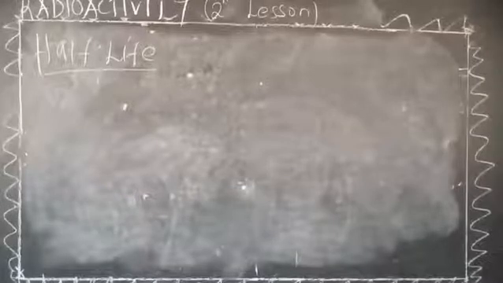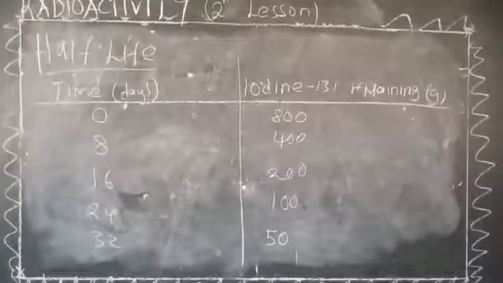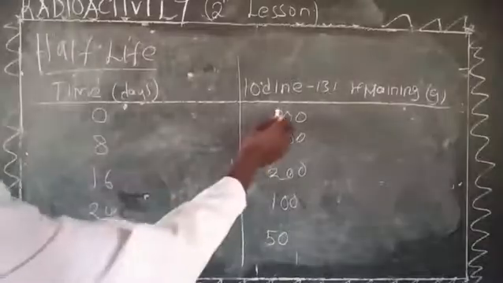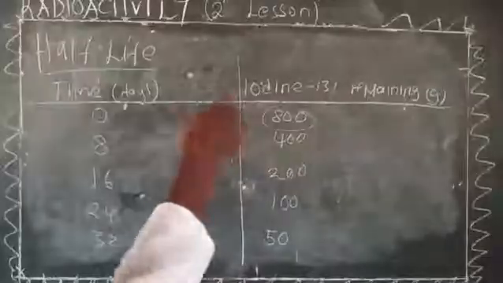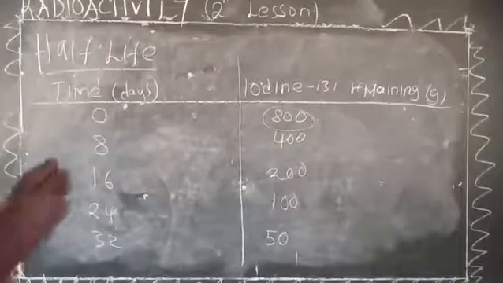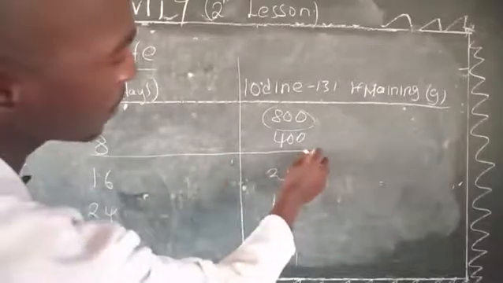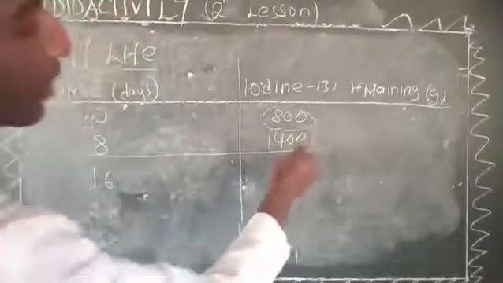Consider the following data. What the data infers is that if you expose 800 grams of iodine 131, which is radioactive, in 8 days, the amount of iodine that will be remaining is 400 grams.